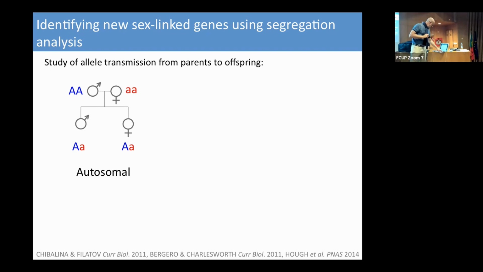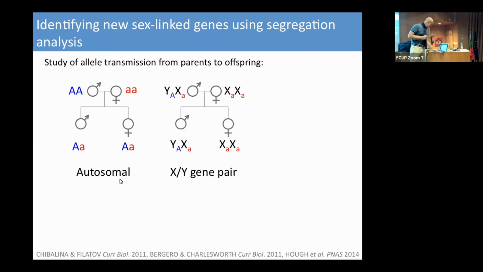For example, here the father is big A, the mother is small a. All the offspring are big A, small a, whatever their sex. So clearly, this marker is autosomal.